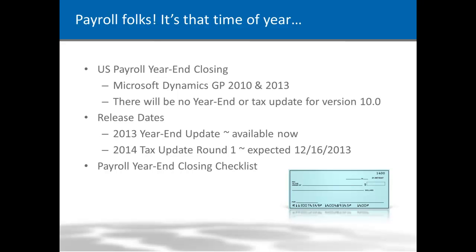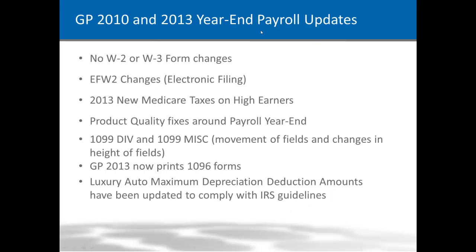The 2014 tax update is expected to be released tomorrow, or actually today. You don't want to apply that one until after your last 2013 payroll run, because it'll mess things up if it changes the taxes. Then we'll go over the payroll year-end closing checklist.